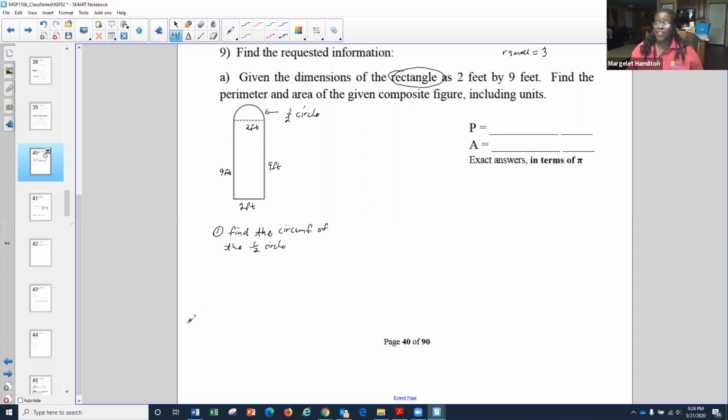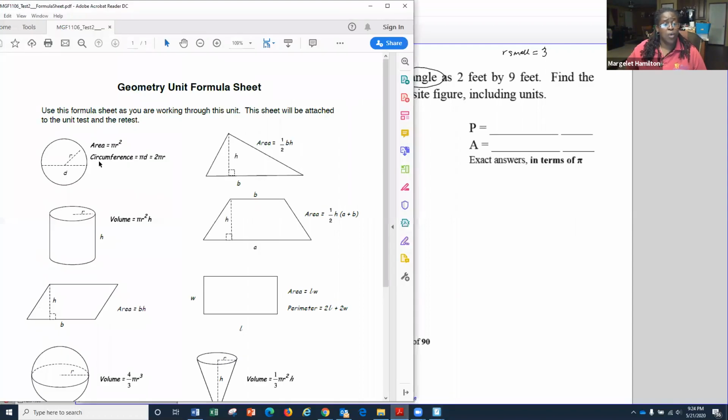Find the circumference of the half a circle. I'm just going to keep it simple. All right, so we need to find the circumference. We would say perimeter, but perimeter for a circle is circumference. Here we are going to our formula sheet. We need the circumference formula. Remember, we have two of them to choose from, pi d or 2 pi r.